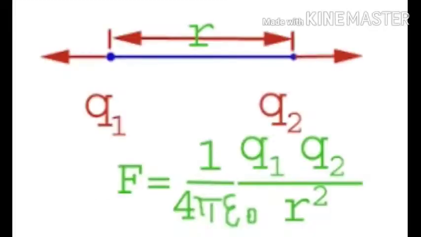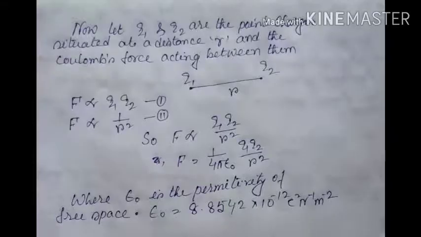Let us consider two charges q1 and q2 separated by a distance r, and the Coulomb force of attraction between them: F is proportional to q1 q2, equation number 1; F is proportional to 1 by r square, equation number 2. So F is proportional to q1 q2 by r square.